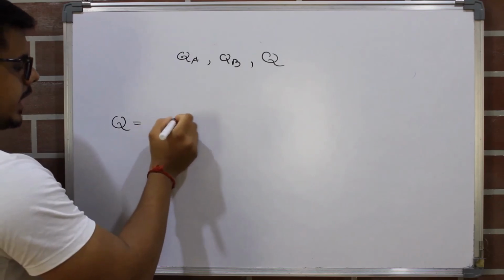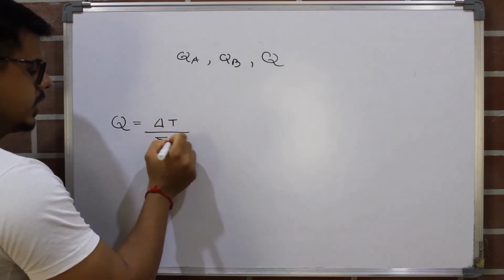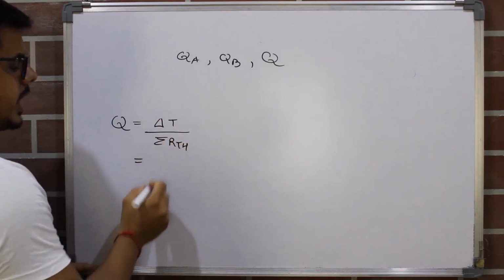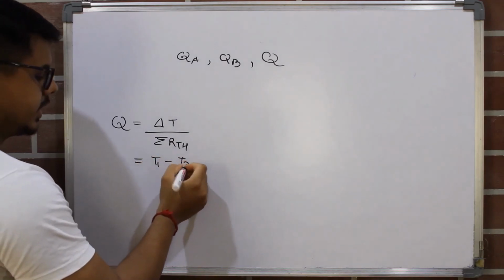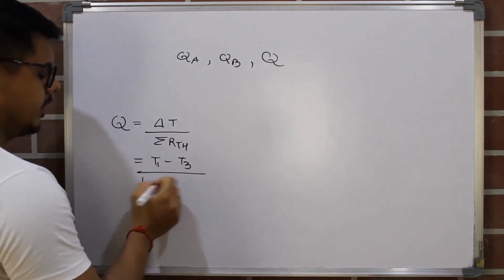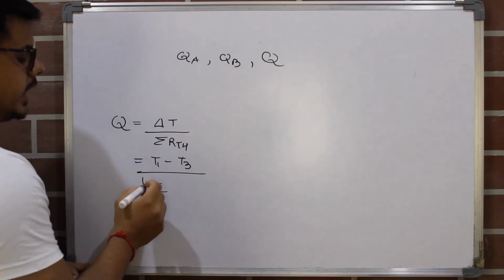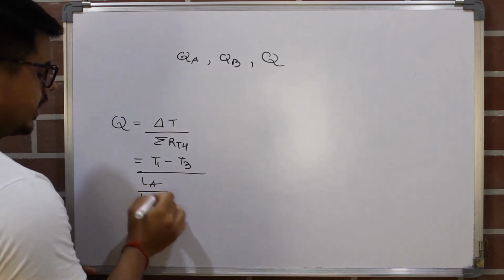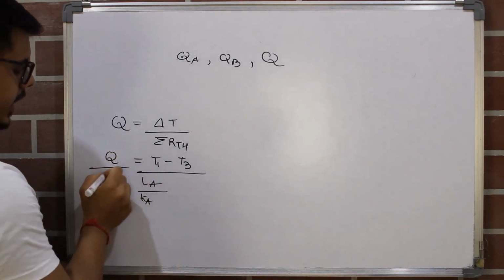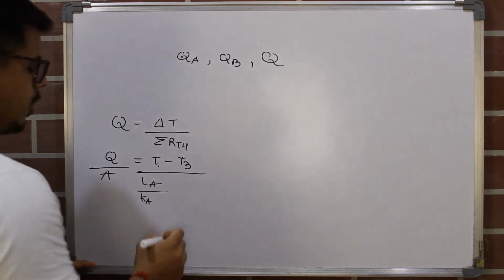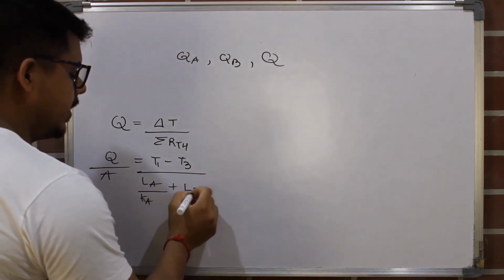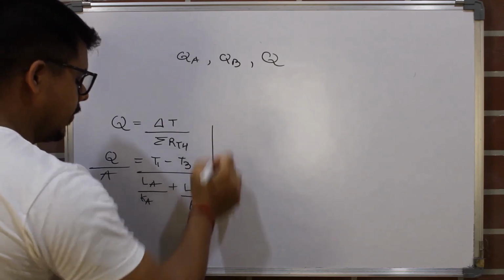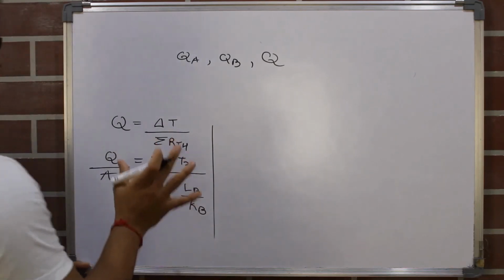So it will be delta T divided by summation of RTH. And what is delta T? It is T1 minus T3 upon LA, we got the value of LA, divided by KA, and we will bring A into the denominator of Q, plus LB by KB. We got the values of LA and LB, just substitute here.